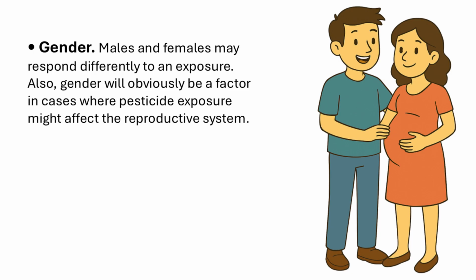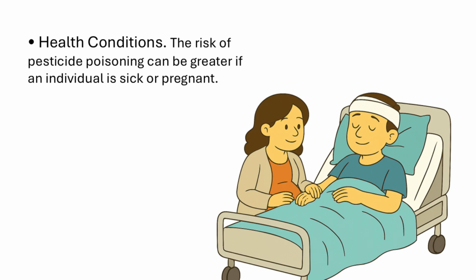Males and females may respond differently to an exposure. Also, gender will obviously be a factor in cases where pesticide exposure might affect the reproductive system. Health conditions. The risk of pesticide poisoning can be greater if an individual is sick or pregnant.